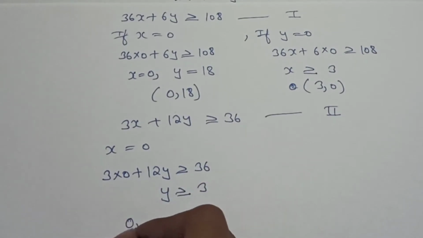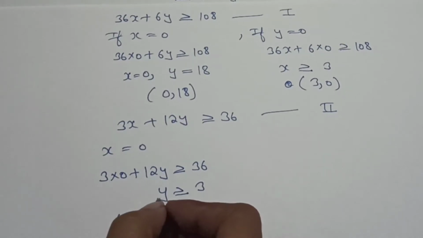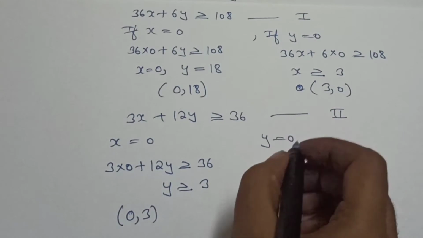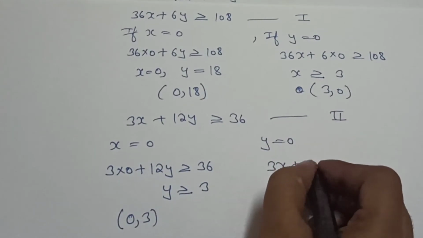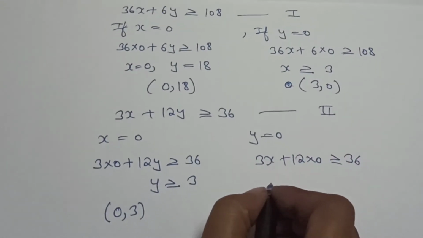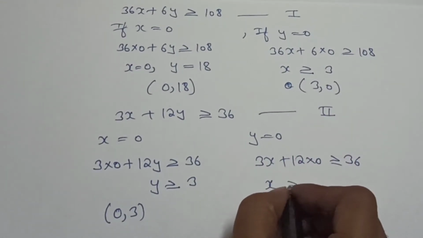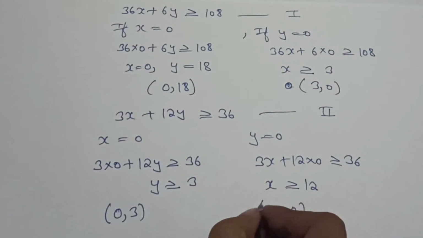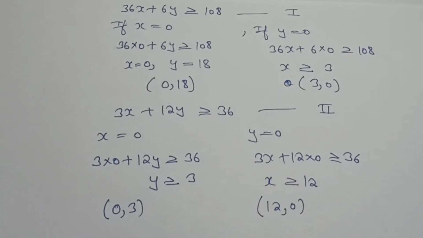So the points are 0 and 3. And if y is equal to 0, then 3x plus 12 into 0 is equal to 36. So we can say x is equal to 12. So the points are 12 and 0. This is for the second equation.